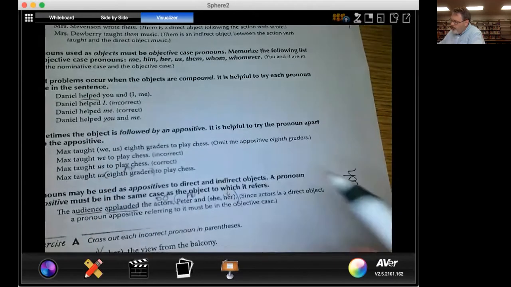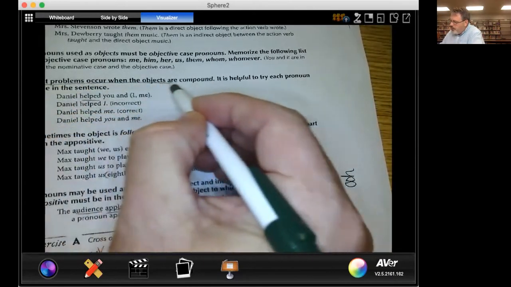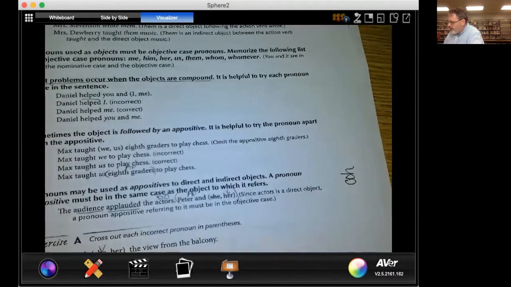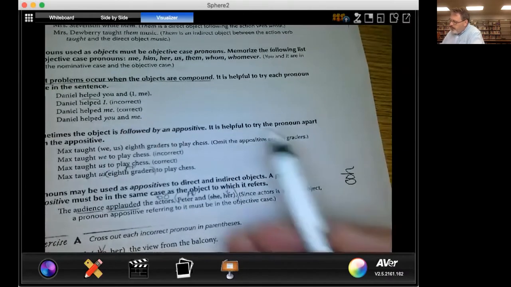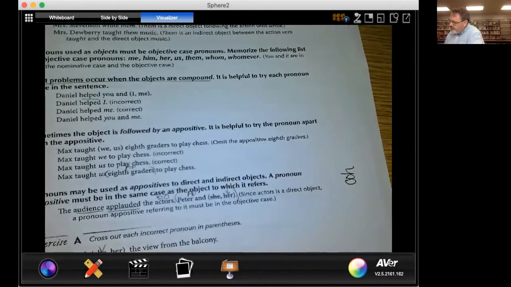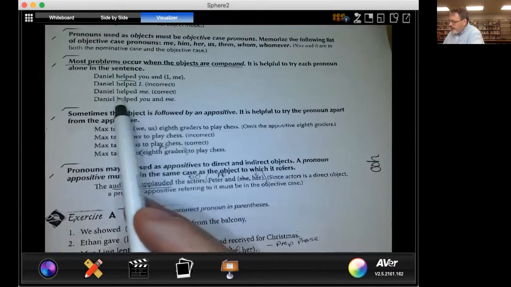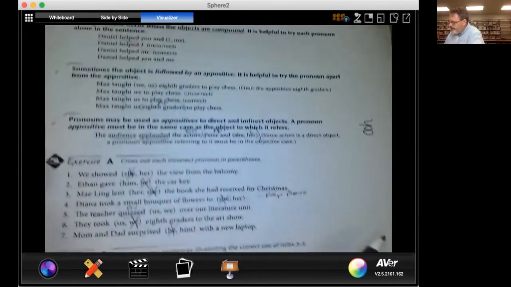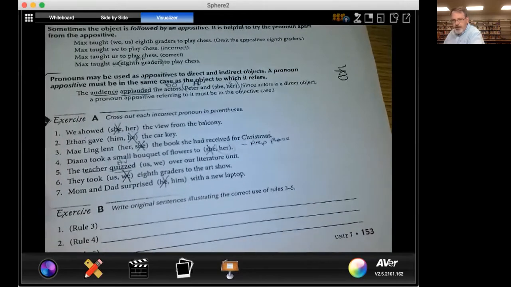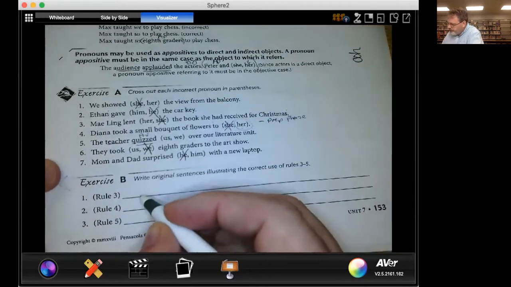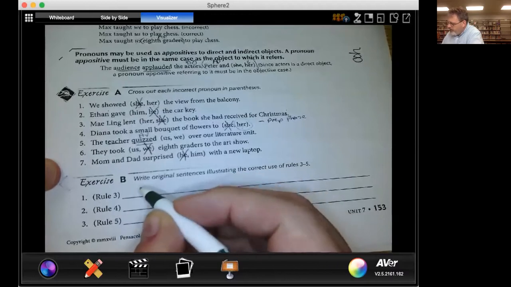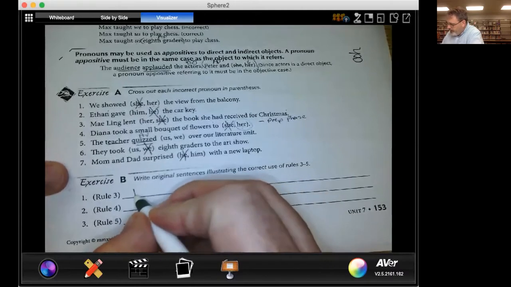Well, this is the rule. It wants you to write a sentence illustrating compound direct objects. Okay? Now, an example is Daniel helped you and me. Let's make a sentence a little better than that. Let's do, what would be a good name? How about Kenneth?